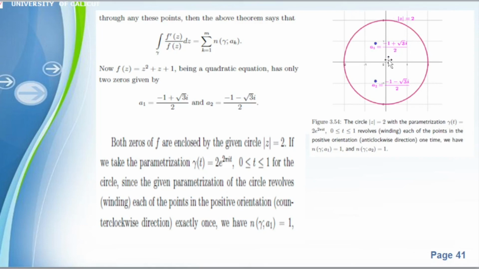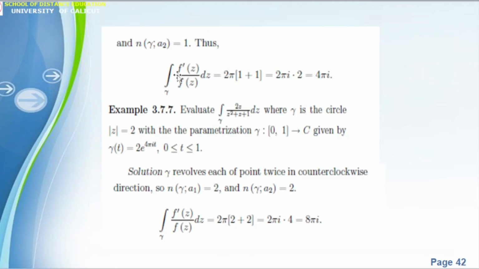So we have n(γ; a1) = 1 and n(γ; a2) = 1. Applying this equation, the integral over γ of f'(z)/f(z) dz is equal to 2πi times (1 + 1), that is, 4πi.